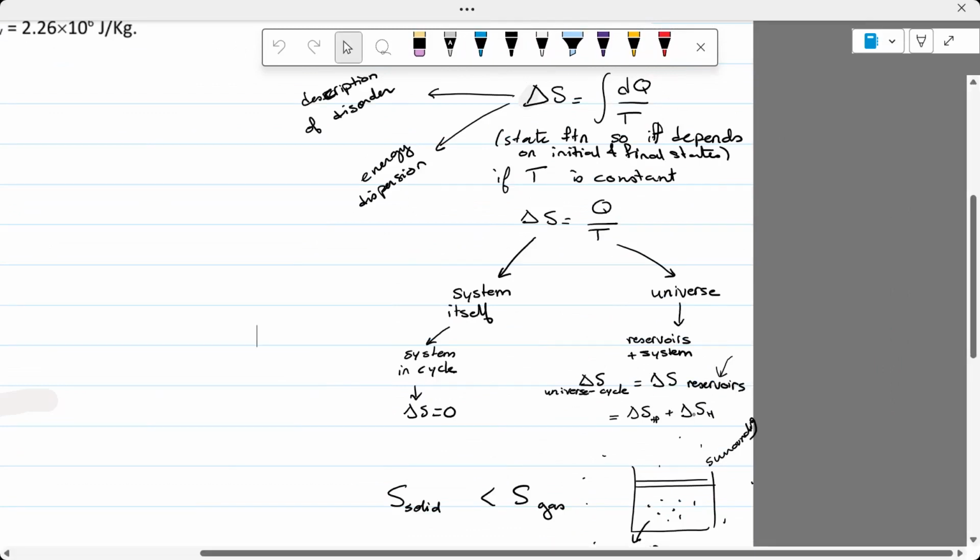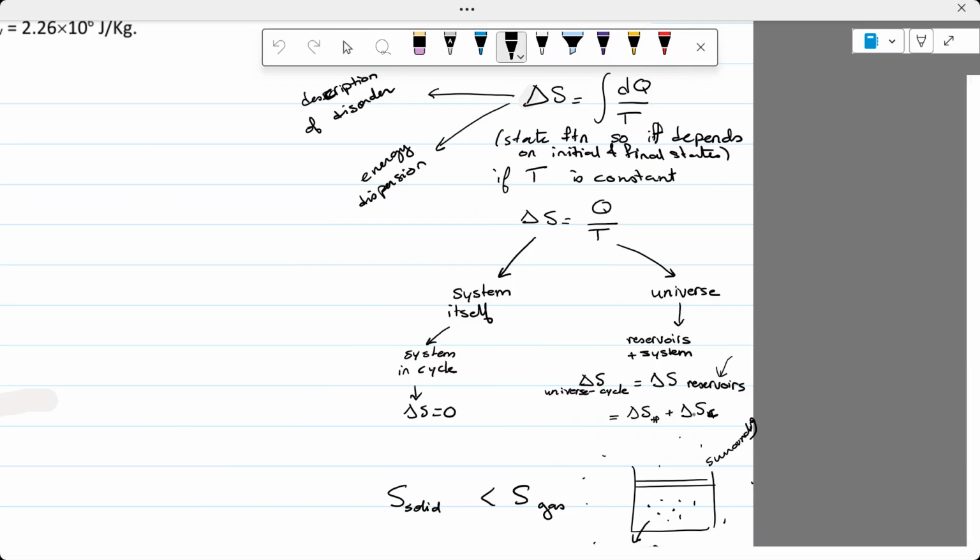I was considering two reservoirs, for example, because usually we have a hot and cold reservoir if it's an engine, right? Yes. So if I have two reservoirs and a system, then you would consider the cold and hot reservoirs to find the change in entropy for the universe. Okay, thank you. Other questions? The rest of you, do you have any questions?